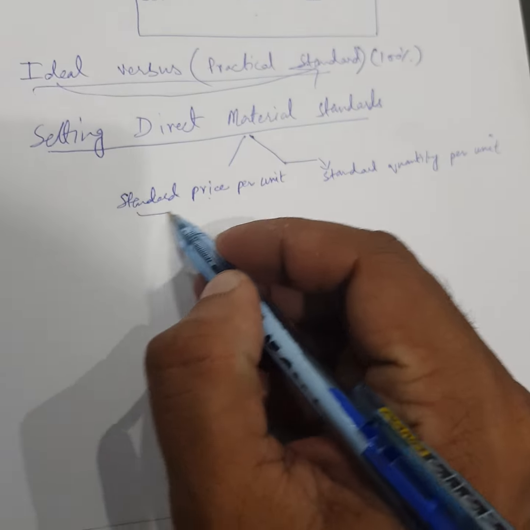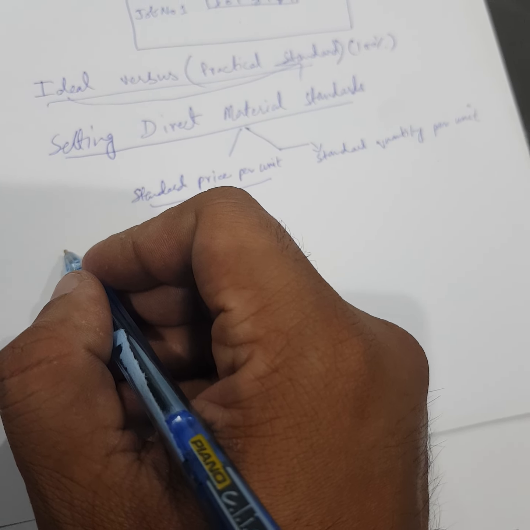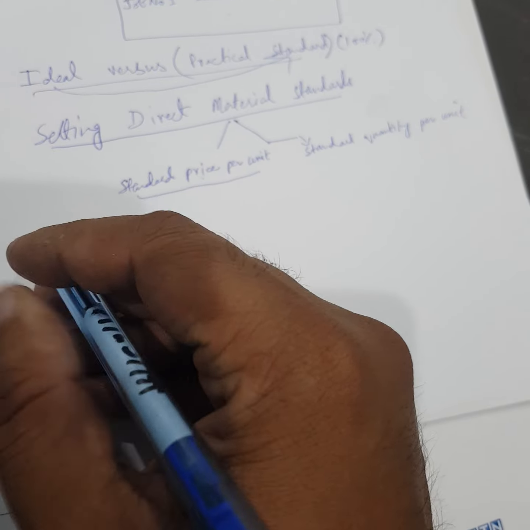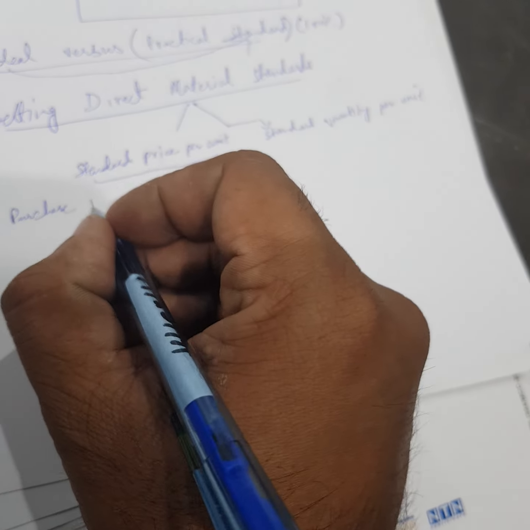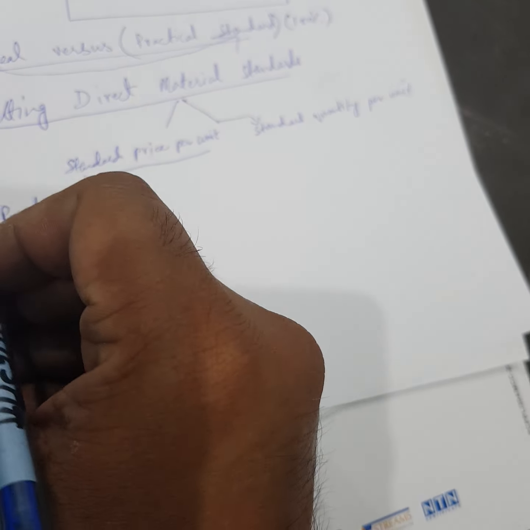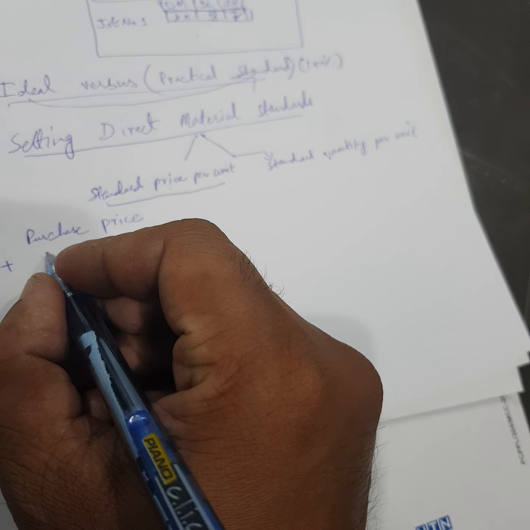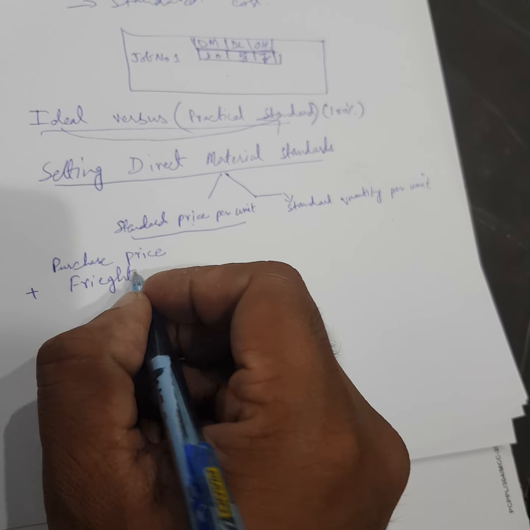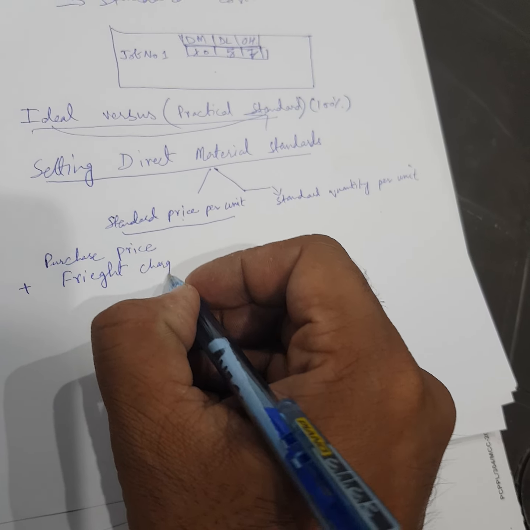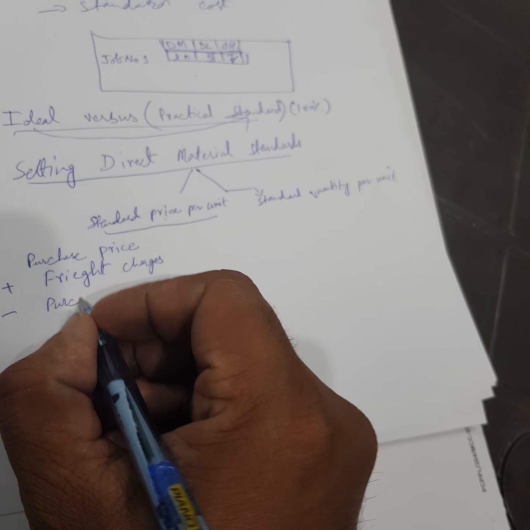To calculate the standard price per unit, we will start with purchase price plus freight charges minus purchase discount.